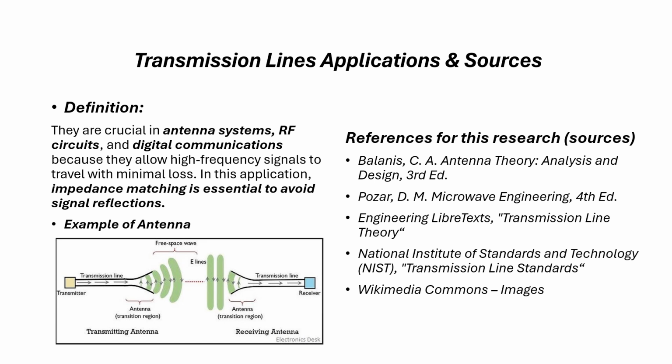In these applications, impedance matching is essential to avoid signal reflection. I also provided an image of an antenna to show the impedance matching and the application of transmission lines in that antenna. I hope that you enjoyed the video. You can use those sources to do further research.